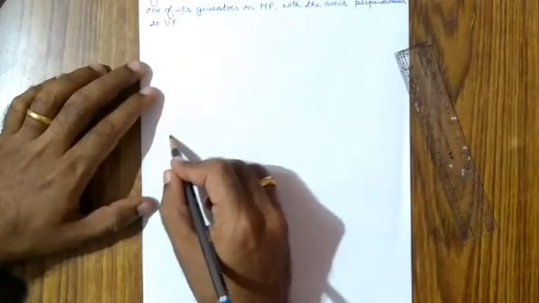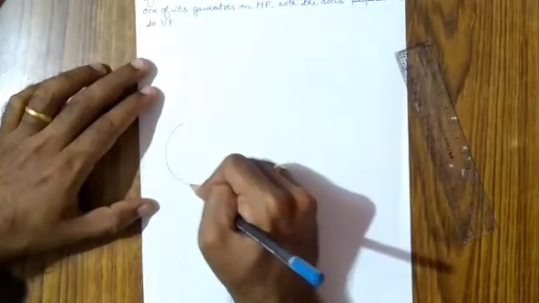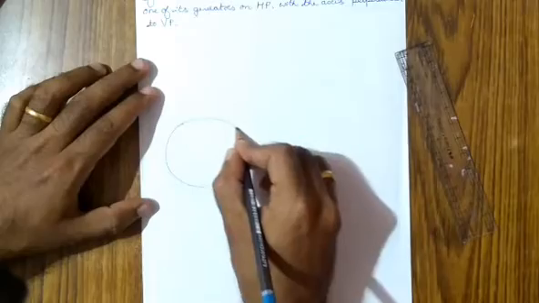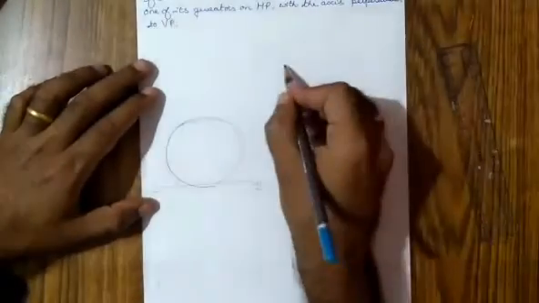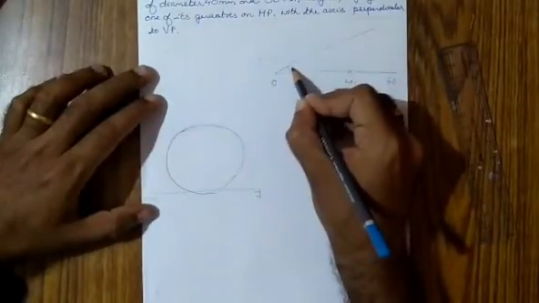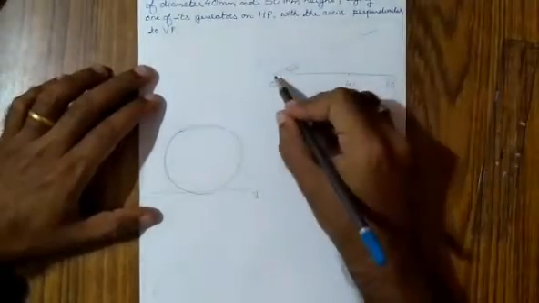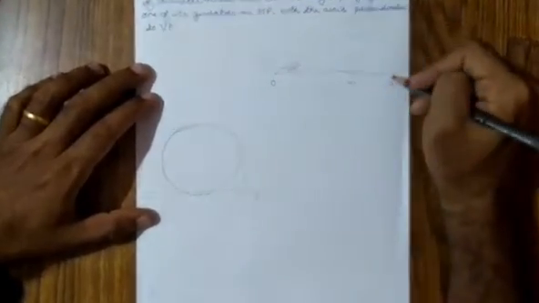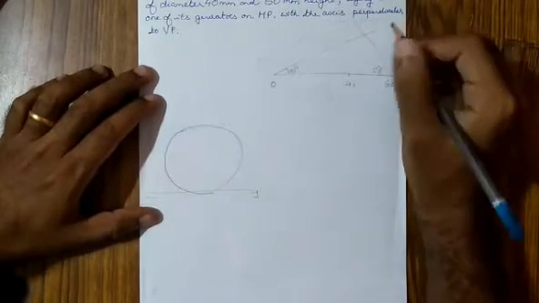So in the front view, you simply draw a circle. What is the dimension you have to take? Is it 40? No, it is not 40. The diameter is given as 40 in the question, but instead you have to take isometric 40. The construction, as we have already discussed: first you draw a 15-degree line at 0 and a 45-degree line at 60.